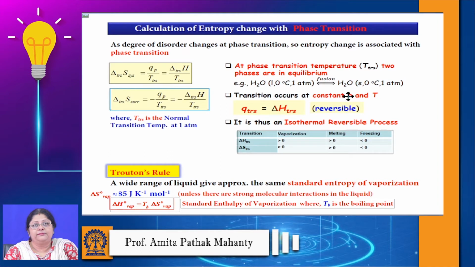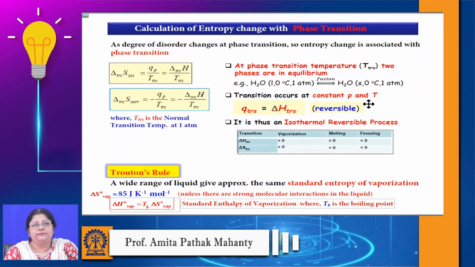So entropy change of the universe should be either 0 or greater than 0. For a system which is at equilibrium, the value becomes equal to 0. For a reversible process at equilibrium, delta S universe becomes equal to 0.